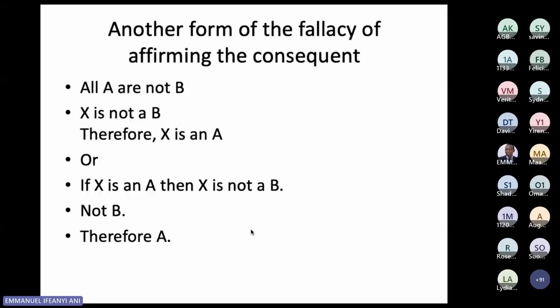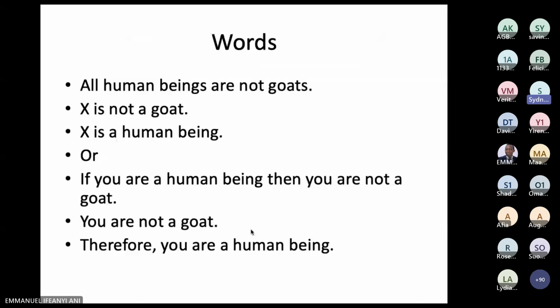All right. So we're putting it in words. All human beings are not goats. Sydney, your hand is raised. Sir, I wanted to ask about the second part of the slides. Does it mean that if X is an A, then X is not a B? Is that affirming the antecedent?